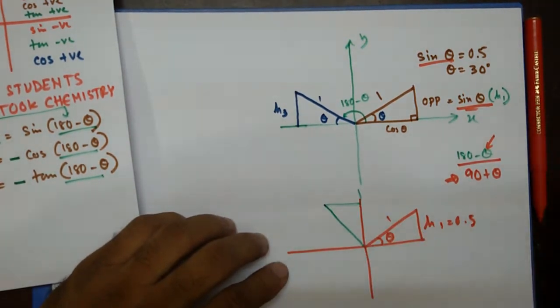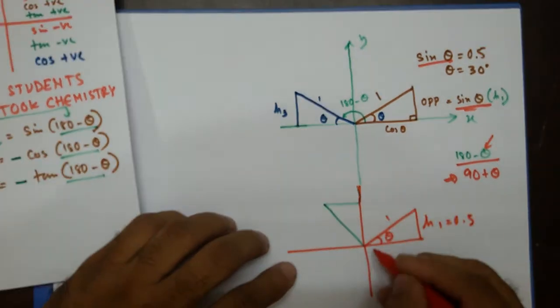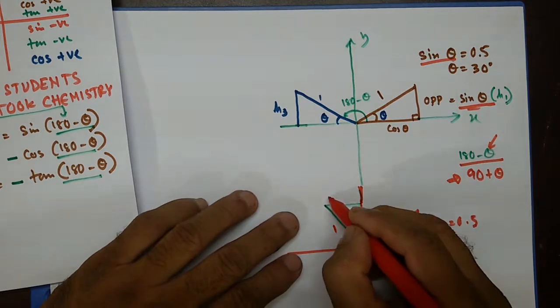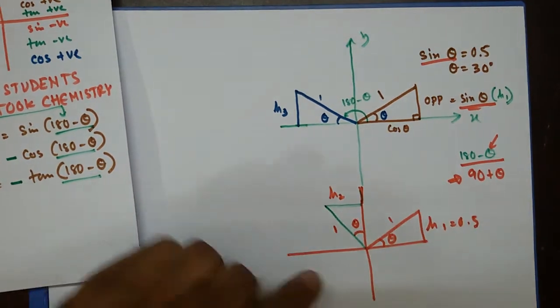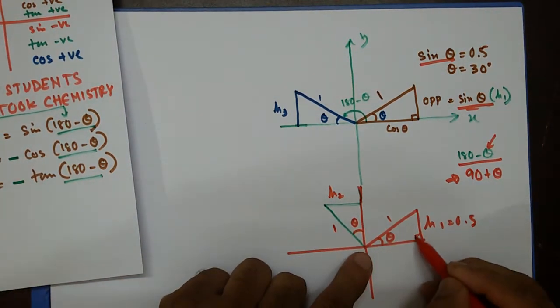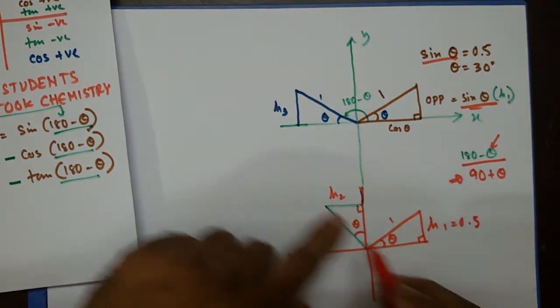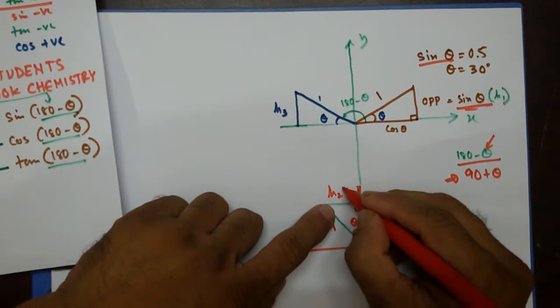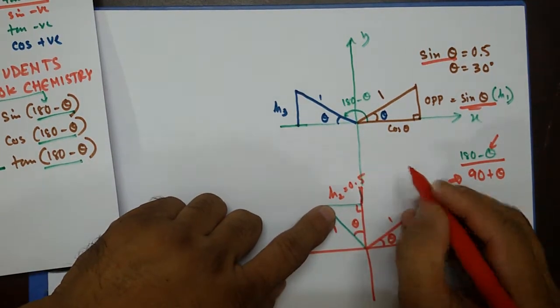With 90 plus theta, this theta comes over here, that's 1, remains the same, and let it be h2. According to this, nothing is wrong. If I take the opposite of that, that's going to be 0.5.